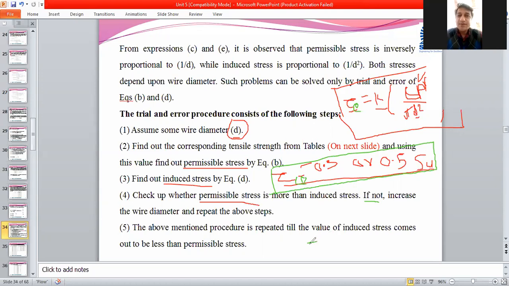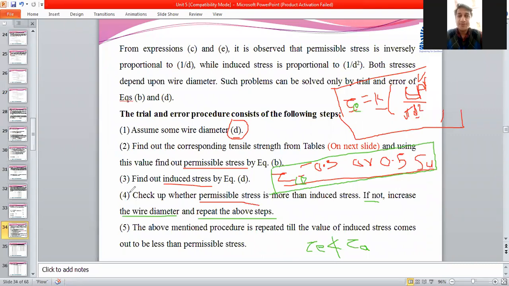If this E, the induced shear stress, is not less than the allowable shear stress, then we have to go back and select a different wire diameter, and repeat all these steps.